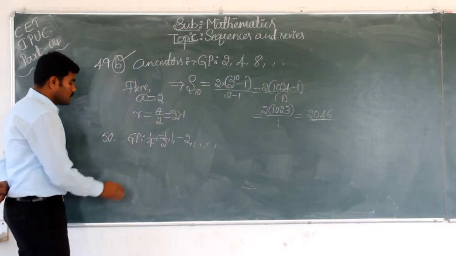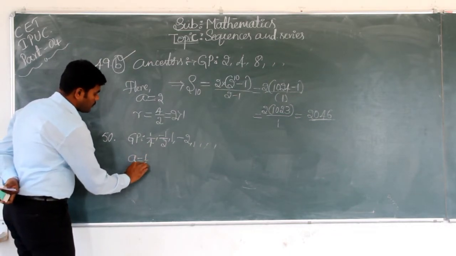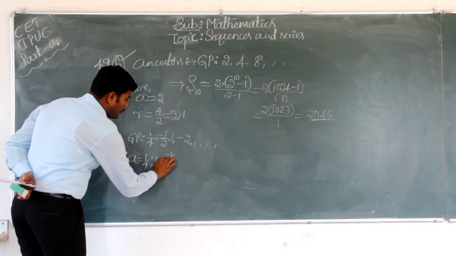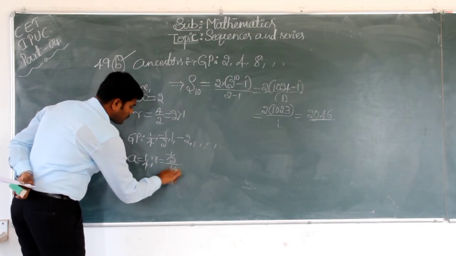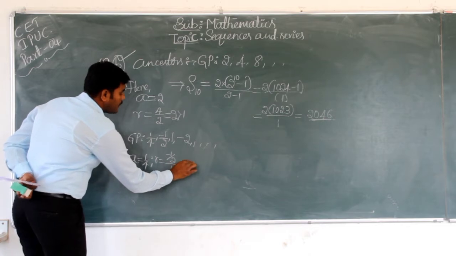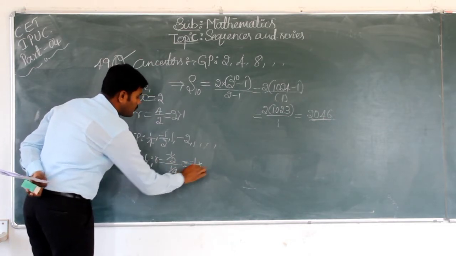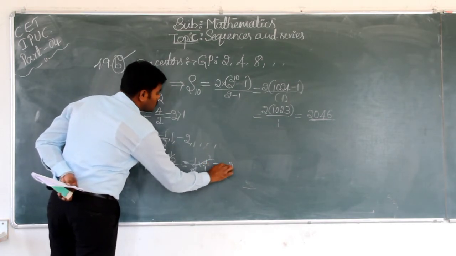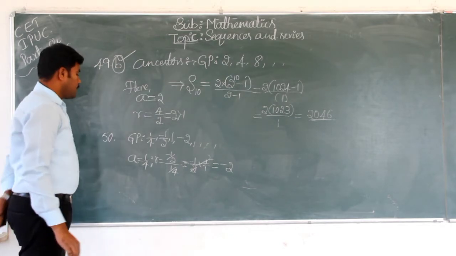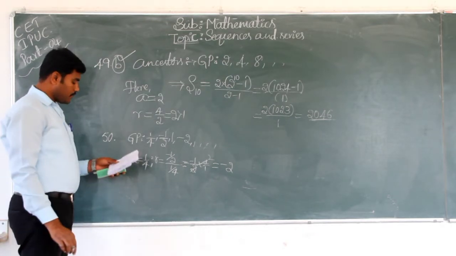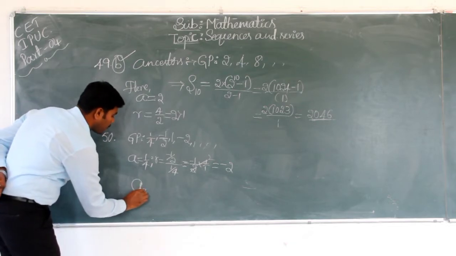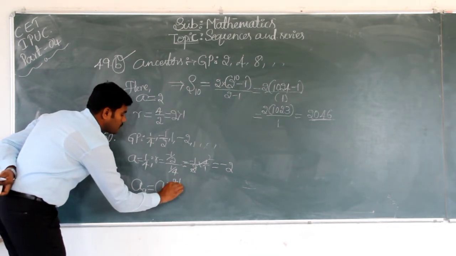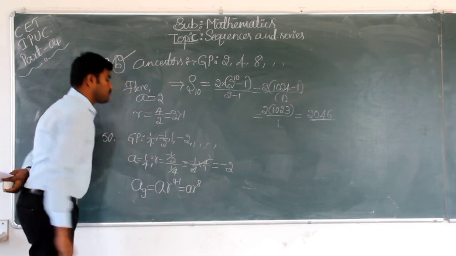A9. See here the first term is 1 by 4 and our common ratio is minus 1 by 2 upon 1 by 4. Taking the reciprocal of the denominator, we get minus 1 by 2 times 4 by 1, which is equal to minus 2. Next, we just have to find the 9th term of the progression, right? A9 is given by a into r to the power of 9 minus 1, that is a into r to the power of 8.